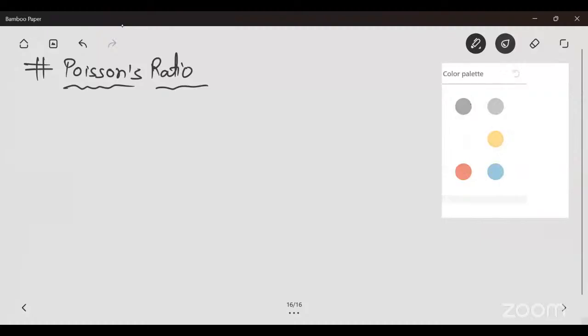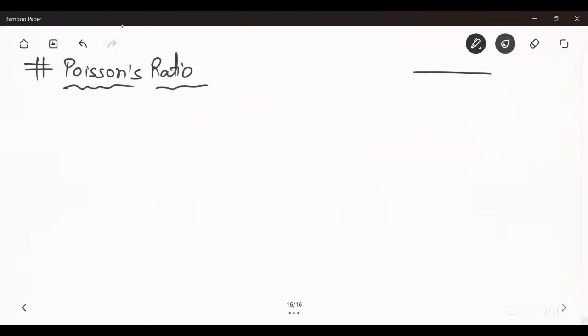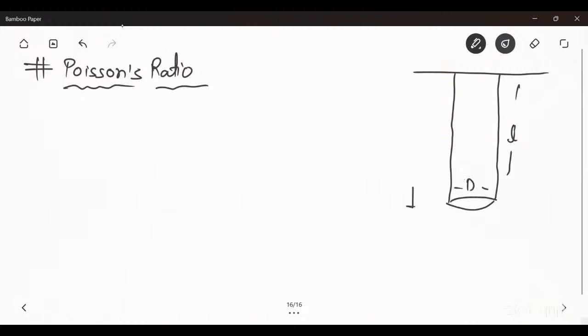What is this ratio defined as? Suppose this is the body having length L and diameter D. On applying the force, what will happen?